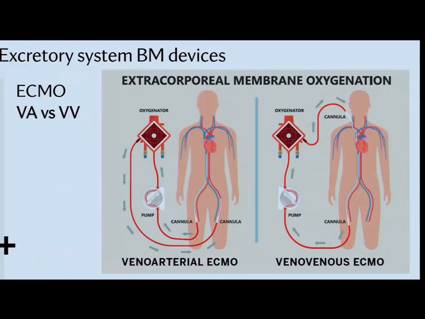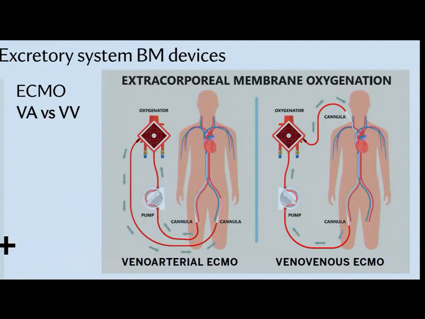So one of them takes it from the vein and puts it back into the right atrium. The other one takes it from the vein and puts it in the artery. What do you think the differences are between these two?